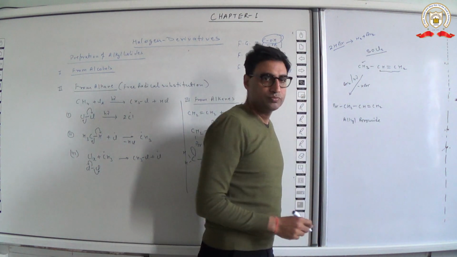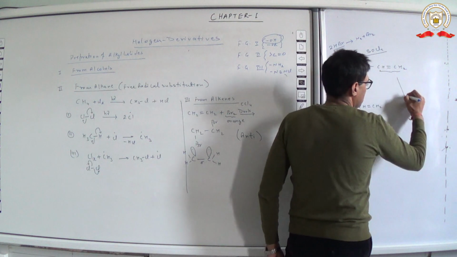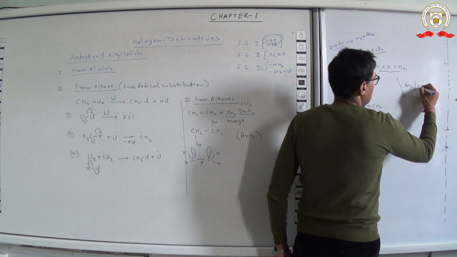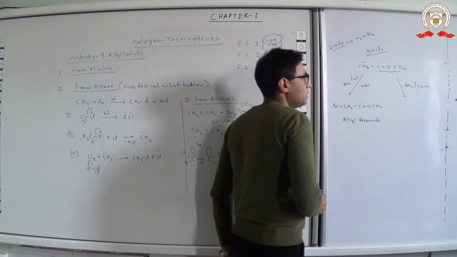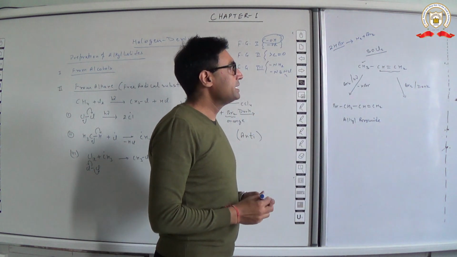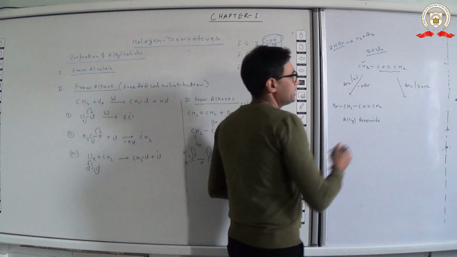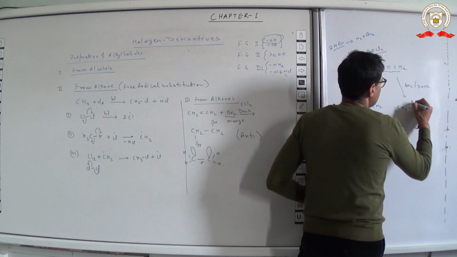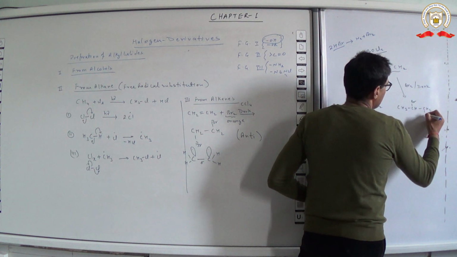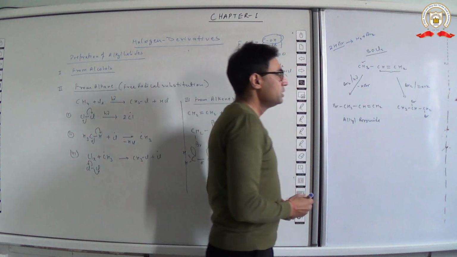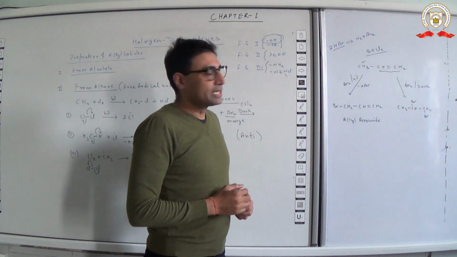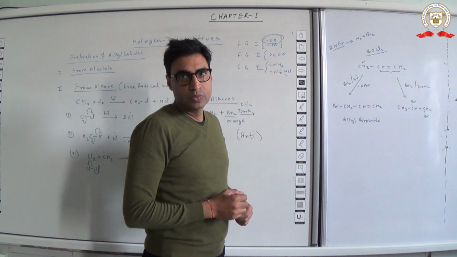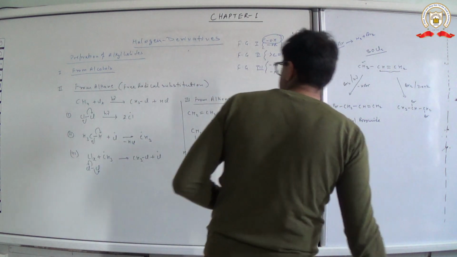If you react the same compound with Br2 but in dark, addition occurs, and you will get CH3 CHBr CH2Br. So in dark it is addition, but in the presence of sunlight it is substitution.